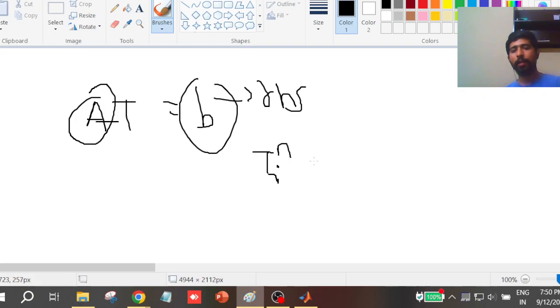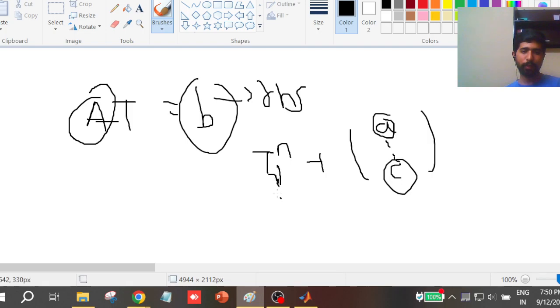At the first row and the last row it will involve the A element and the C element. Only for the first row and last row, whereas for all the other rows it will involve T1, T2 up to Tn at the previous time value. So this is your RHS matrix.